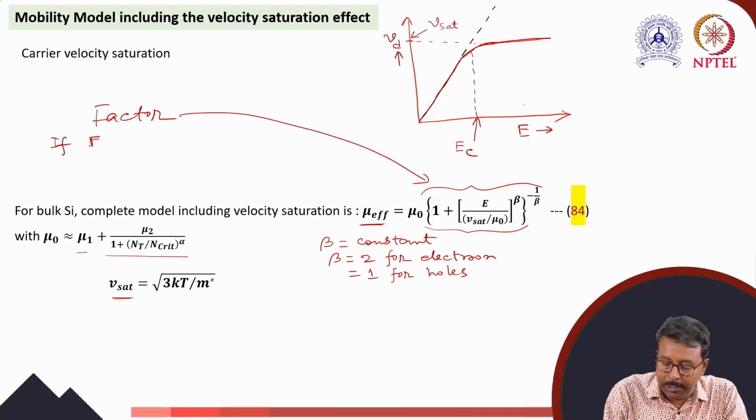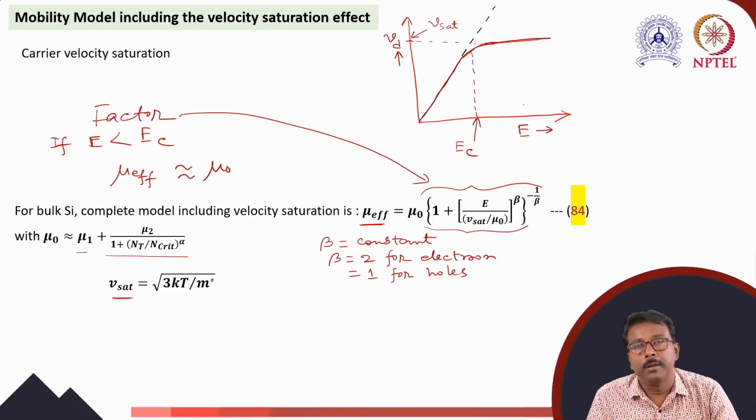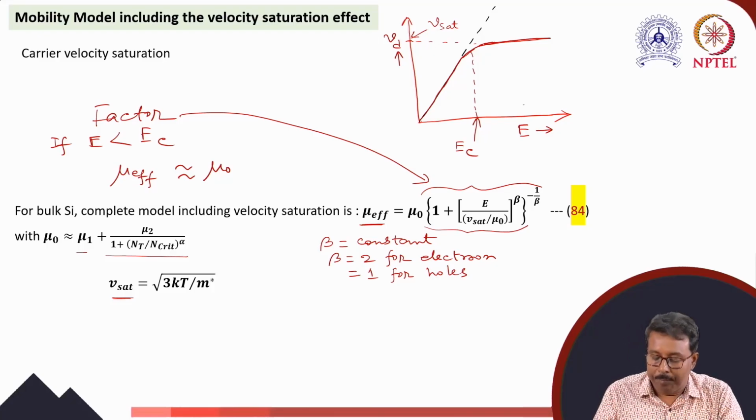If E is less than E critical, mu effective will be almost equal to mu 0. Otherwise, it will be lowered by multiplying a factor. So this is the effect of velocity saturation.